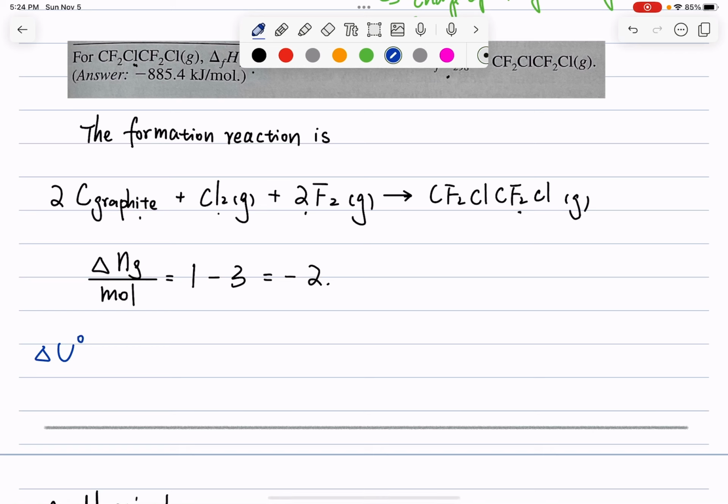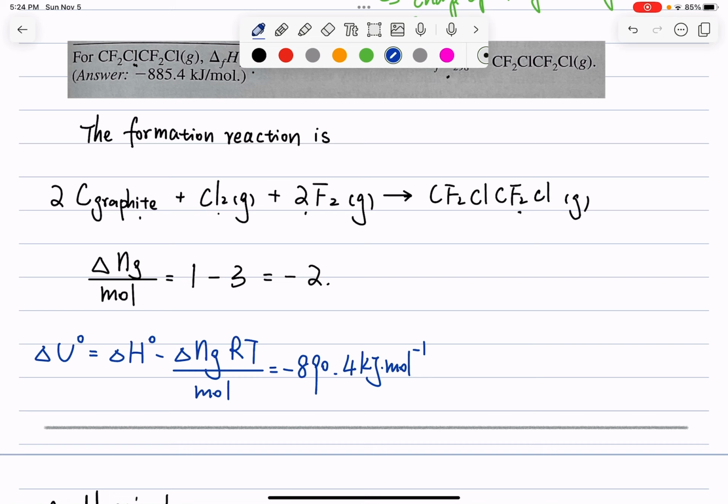So delta U naught equals delta H naught minus delta Ng RT per mole of reaction. Then plug in the numbers here: negative 890.4 kilojoules per mole, minus 2 times RT.